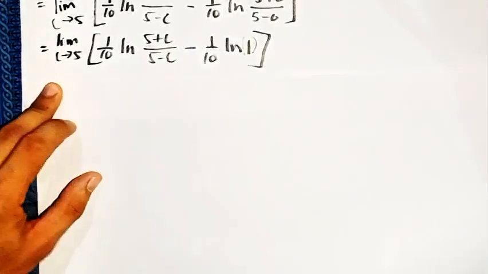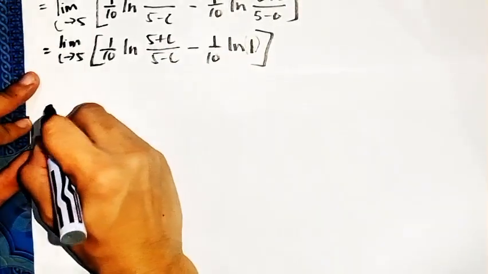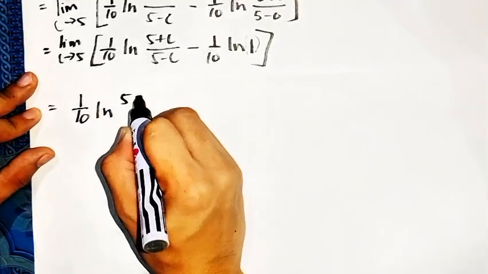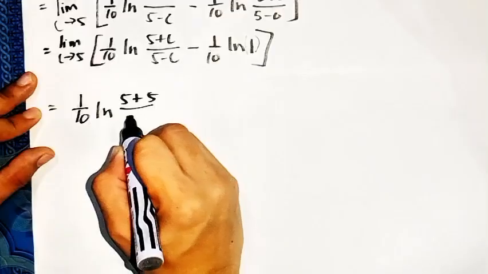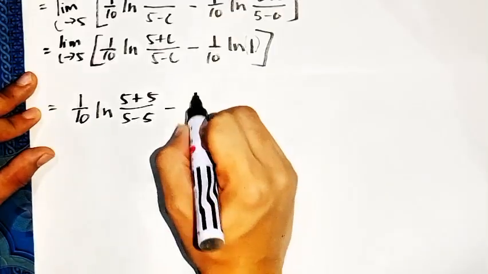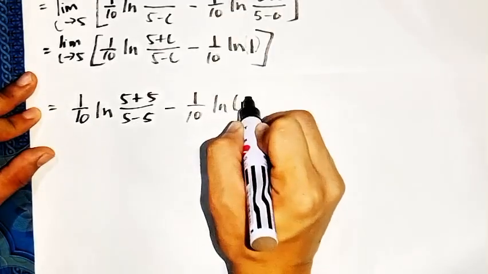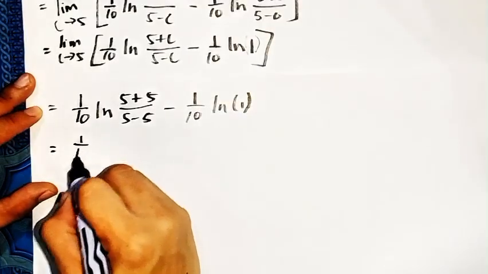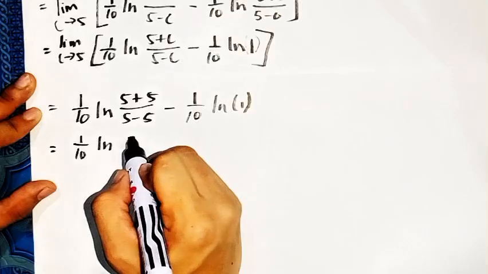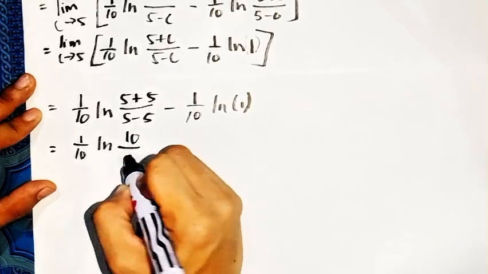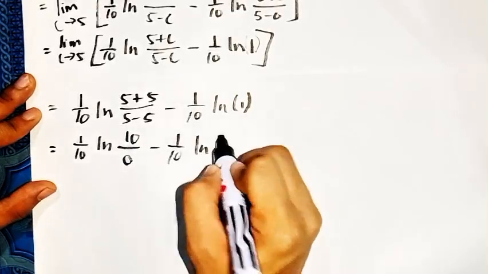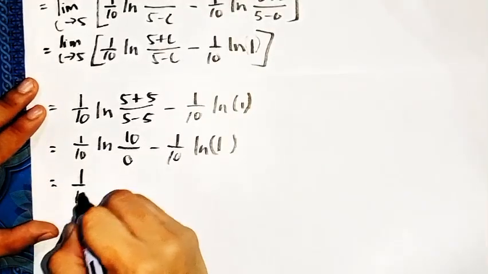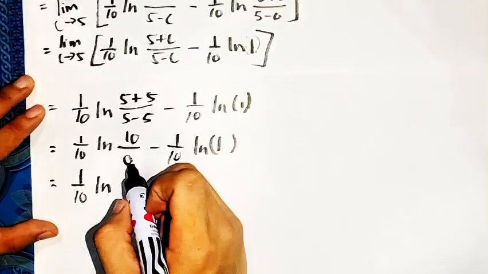So magiging 1 over 10 ln 5 plus 5 over 5 minus 5, minus 1 over 10 ln 1. 5 plus 5 is equal to 10, right? 5 minus 5 is equal to 0, minus 1 over 10 ln 1. So 1 over 10 ln 10 over 0.